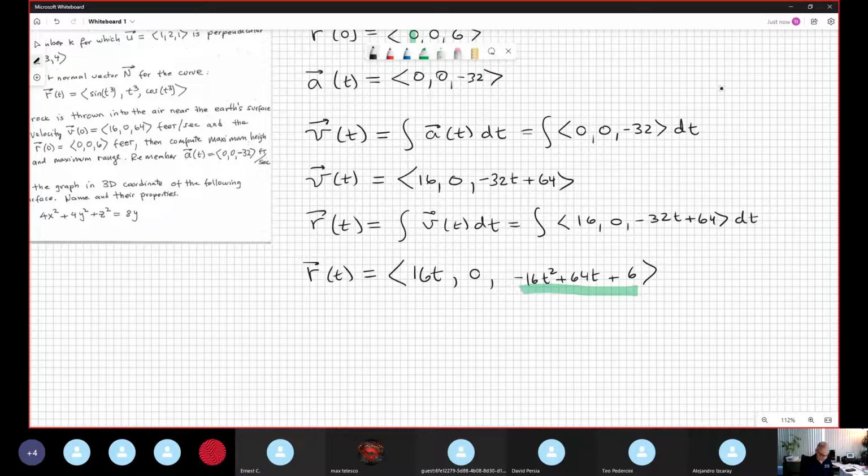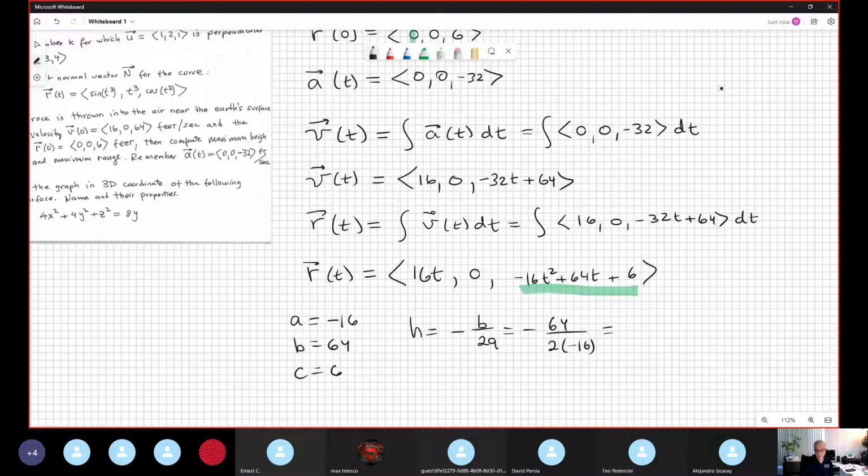I can find the vertex using the formula you use in algebra: a is negative 16, b is 64, and c is 6. The formula for the vertex is h equals minus b over 2a. There are many ways to do this, but it's one possibility. It's minus b, which is 64, divided by 2 times negative 16.